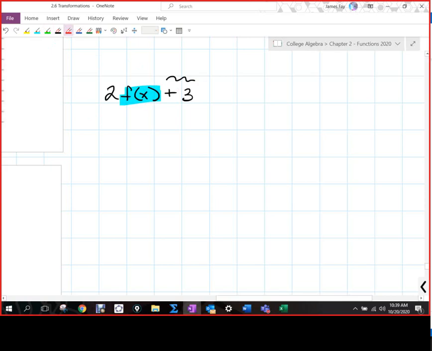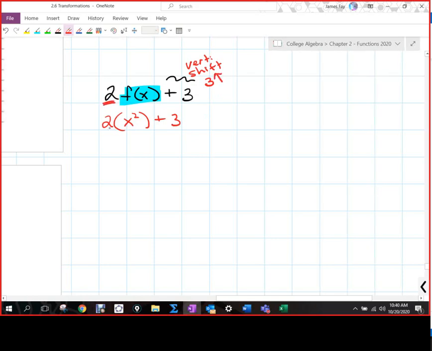And if you want to say, okay, well, Mr. Fay said that could be anything, so I'm a fan of letting it be x squared. So if I take that highlighted part and rewrite it as x squared, like that, okay, and now say, okay, well, what happens to x squared if I put a 2 out in front and I put a plus 3 at the end? What's that plus 3 do? Yeah, that's a vertical shift 3 units up, okay?